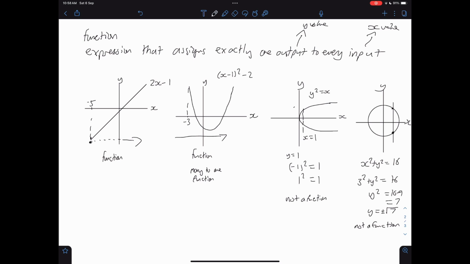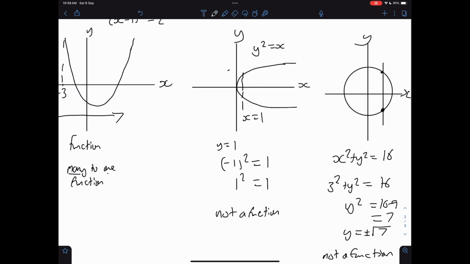Because it obeys the rules, because for every x value there can only be one y value, but perhaps two different x values can both lead to the same y value. But the importance is it can only lead to one y value. And if we call that many to one, then this one would have to be 1 to 1. And then this one here, just have a look.